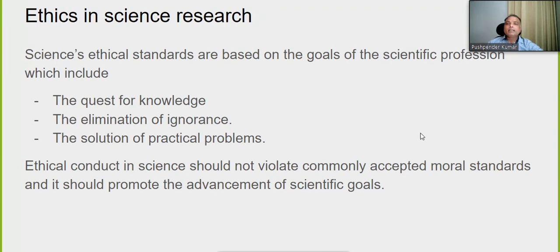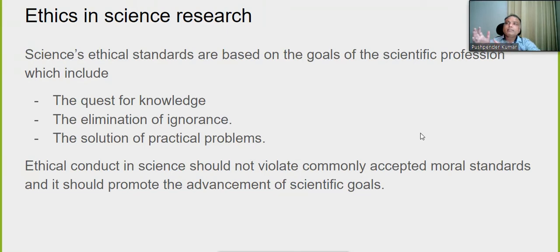So here, ethical conduct in science should not violate commonly accepted moral standards, and it should promote the advancement of scientific goals. Whenever you conduct any research, guidelines are there, whether in science, humanities, or social science. So what we need to do is find out what the moral standards, values, and customs are, and we should try not to violate those customs, values, or moral standards.